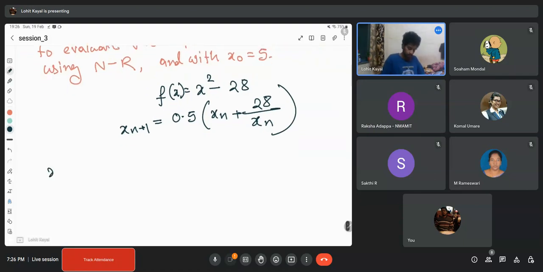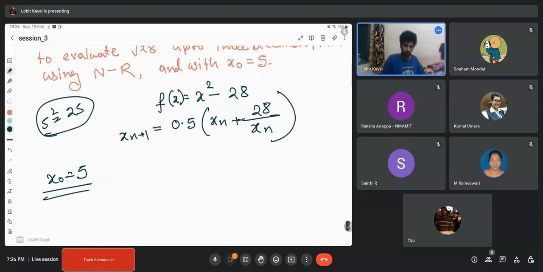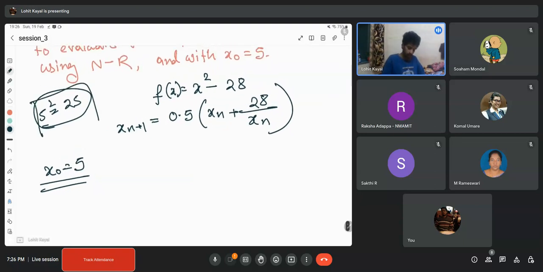So here you have x0 equal to 5. We know that 5 square equal to 25. So it is close to 28. So the initial guess is good. So x1 will be 0.5 into 5 plus 28 by 5. So what will be the solution? Let's just do it. So 0.5 multiplied by 5 plus 5.6.